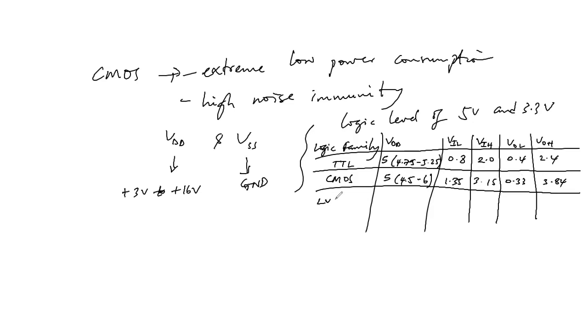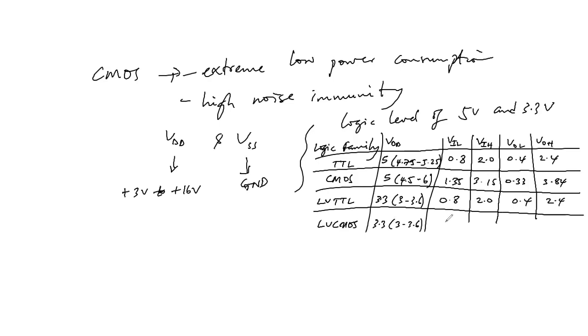So I have low voltage TTL, just 3.3, 3, 6, 8, 0, and we have CMOS, 3, 6, 6.